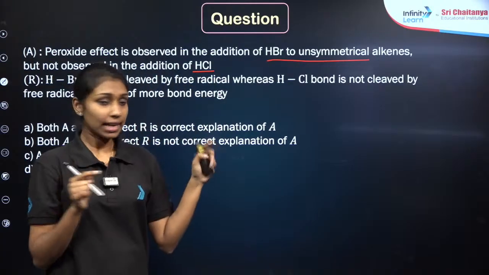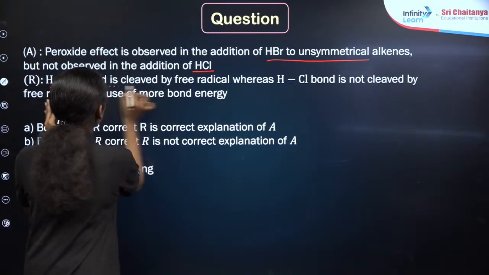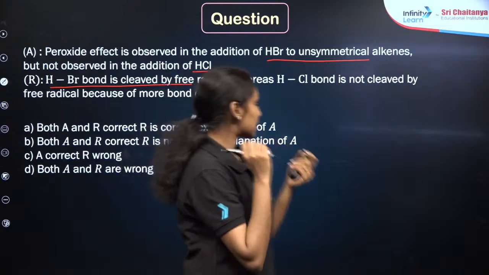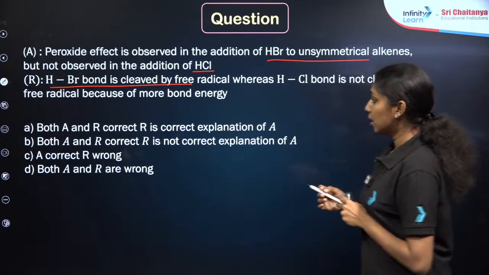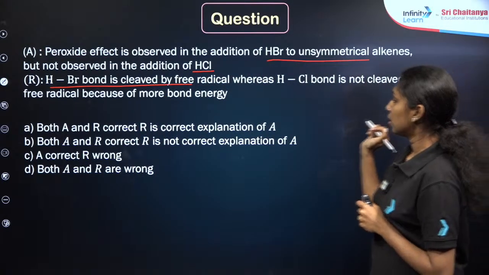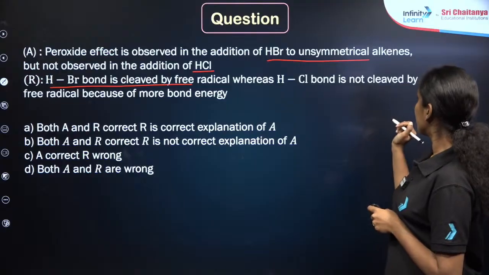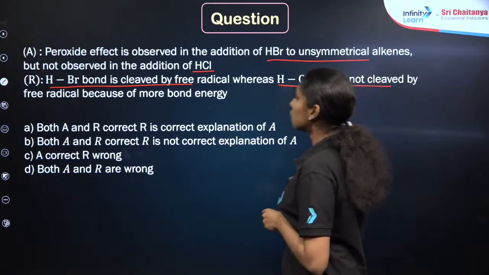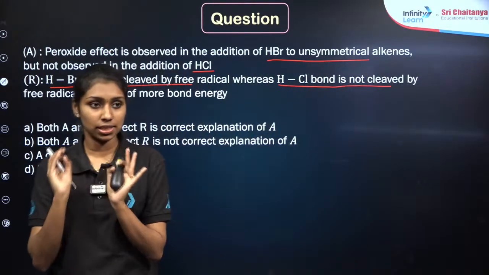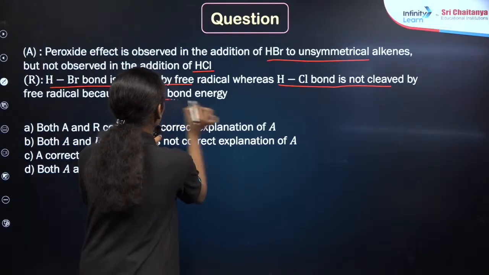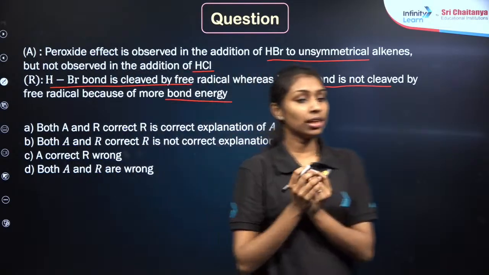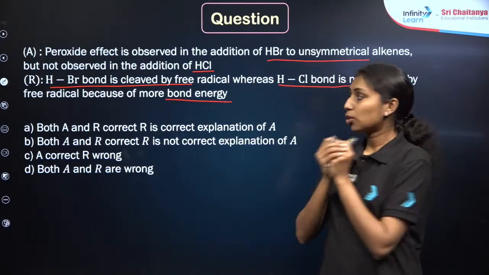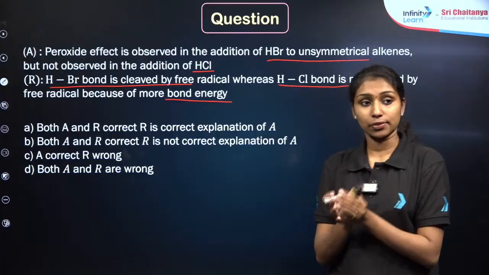Then the reason given is that the HBr bond is cleaved by the free radical, whereas the HCl bond is not cleaved by the free radical because of the more energy between them, right? I have already mentioned this while discussing the anti-Markovnikov rule, the peroxide effect or Kharasch effect.